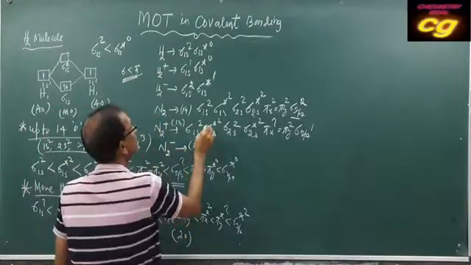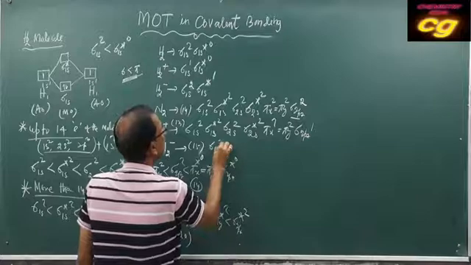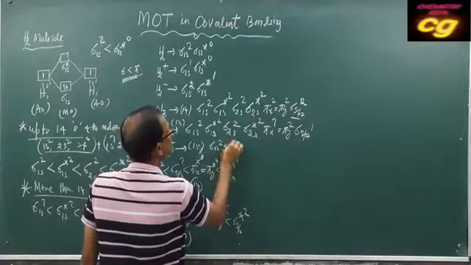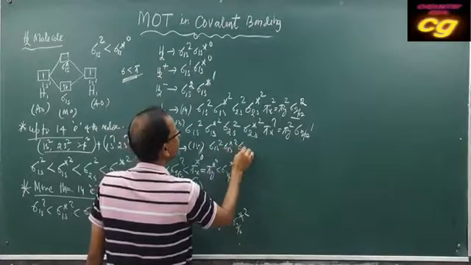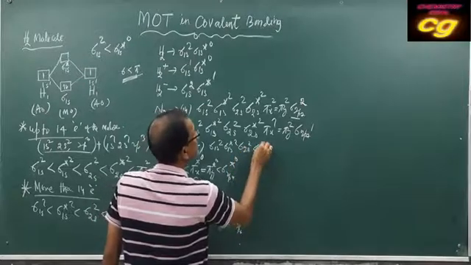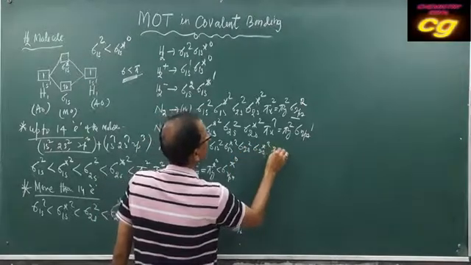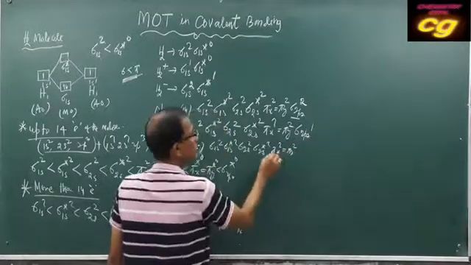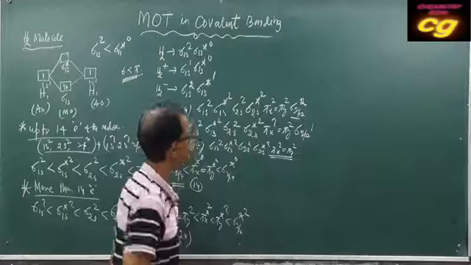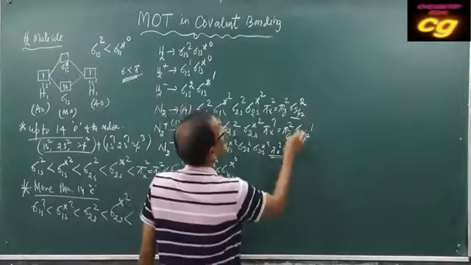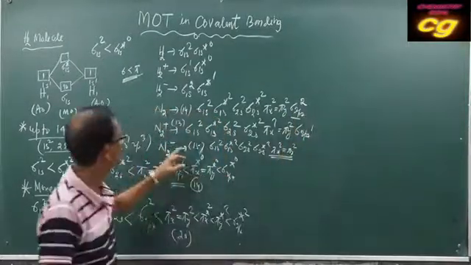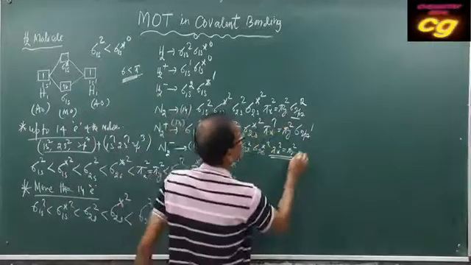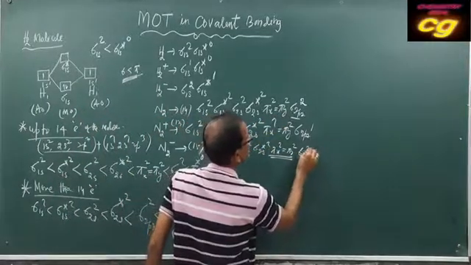So for 15 electrons, it will be sigma 1s2, sigma 1s star 2, sigma 2s2, sigma 2s star 2, then pi x2 equal to pi y2. That means energy same. That's why equal is written. Then as here 1 electron is more, sigma 2pz2.